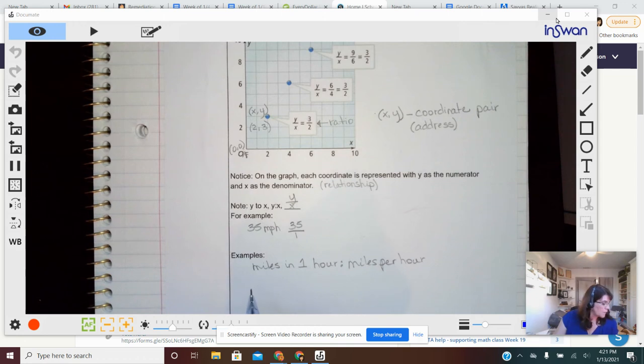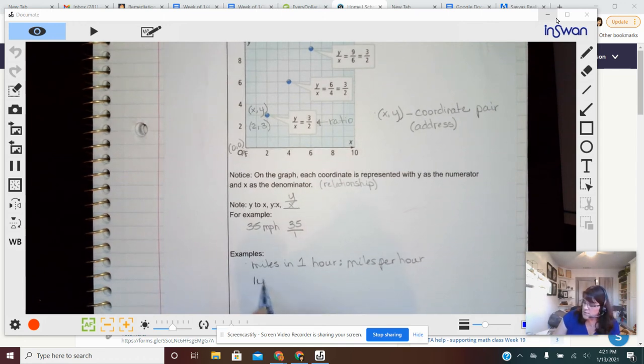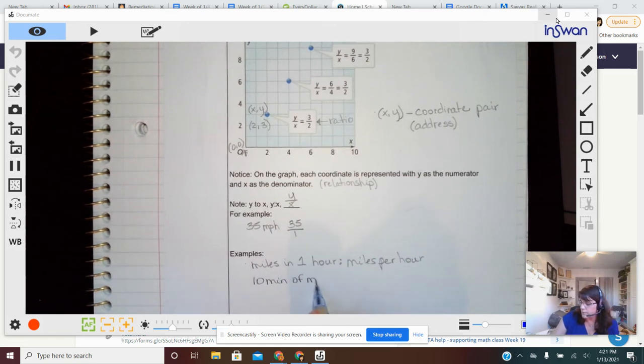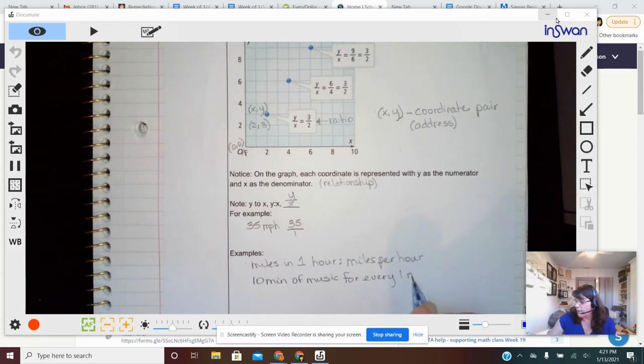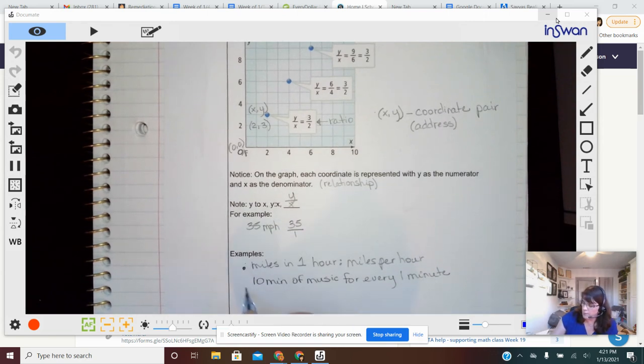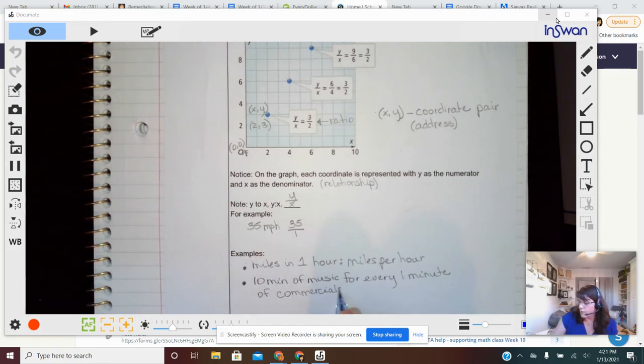But let's think about some other ratios that we could have that might even come up in some of the examples. 10 minutes of music for every 1 minute of commercials. When I was your age, this might have been the ratio on the radio.